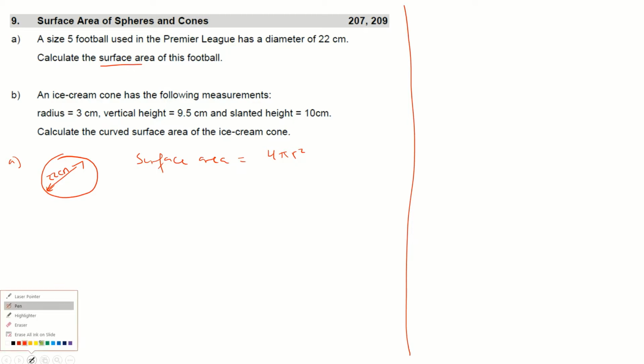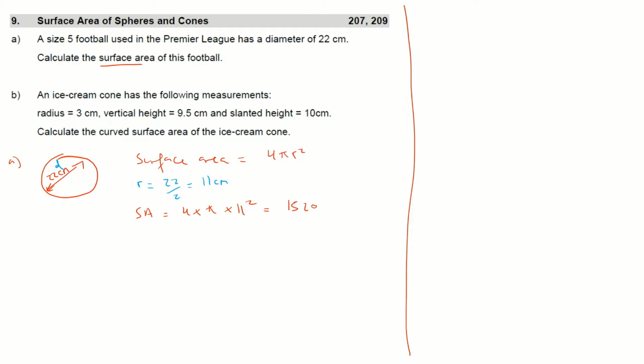So there's a problem here: we are not given the radius, we've been given the diameter. Remember, the radius is halfway across. So I halve 22, the radius is 11 centimeters. This here is the diameter. I need the radius. So now I can do it. The surface area is 4 times pi times 11 squared. So 4 times pi times 11 squared gives me an answer of 1520.53 to 2 decimal places.